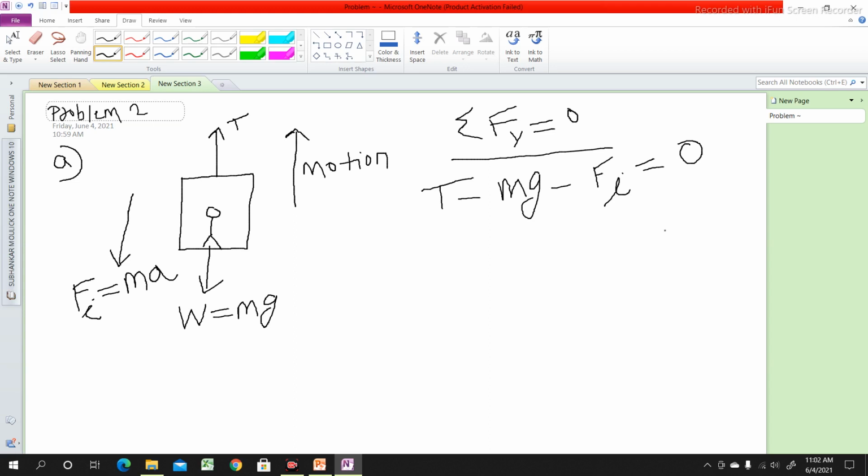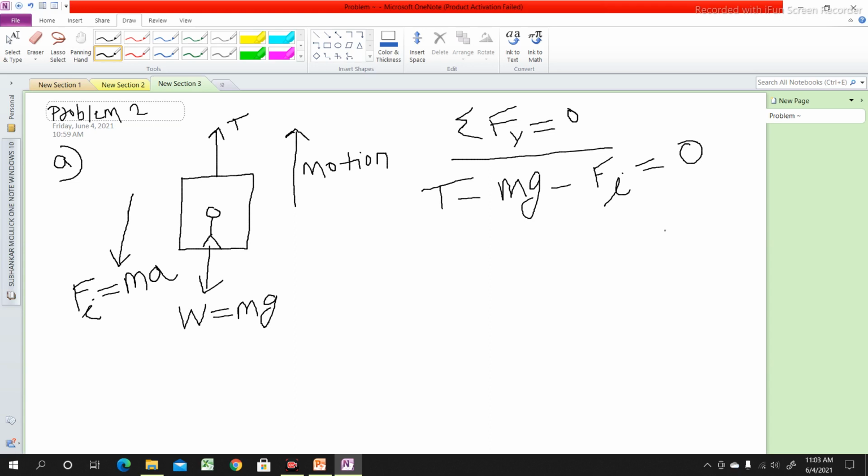What is T? T is the tension in the cable supporting the lift, or the reaction of the lift, or the pressure exerted by the man on the floor of the lift. Brother, the lift will not hang in the air; to support the lift there will be a cable, and that cable will go upward, the cable will take the lift upward. Fine. So what is T?